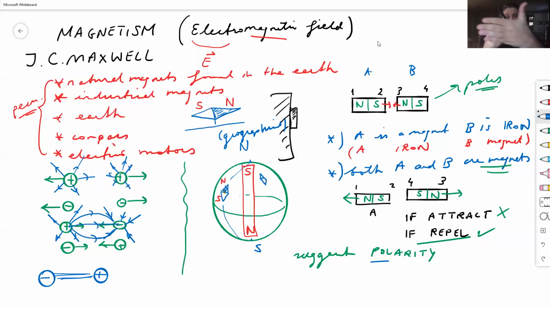But then you apply an electric field, this will rotate itself. There will be a torque on the dipole. Dipole, if you remember this from the very first electric field chapter. Just like that dipole aligns itself with an external electric field, maybe our compass is aligning itself inside a magnetic field. So that's the reasoning there.